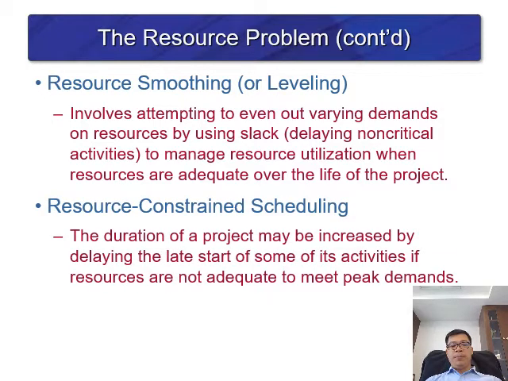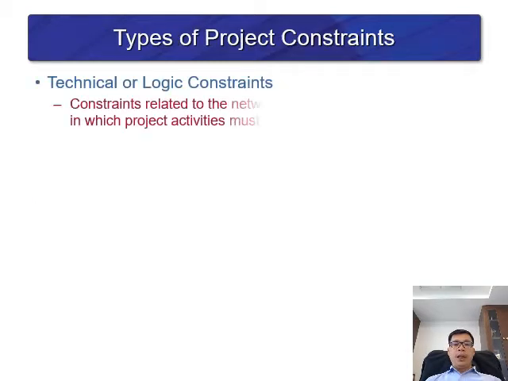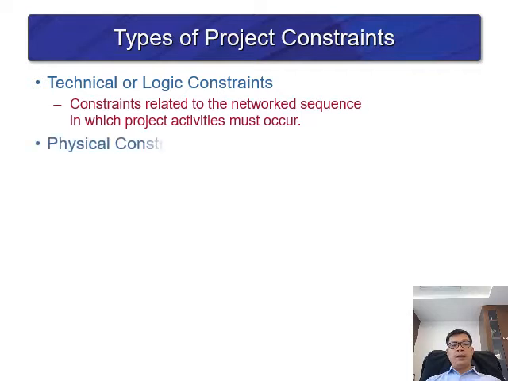However, there are some problems related to resource constraint scheduling. The constraint happens based on delaying the late start and not having enough resource to meet the peak demand. The type of constraint can be a technical or logical constraint, related to the network sequence in which project activities might occur.